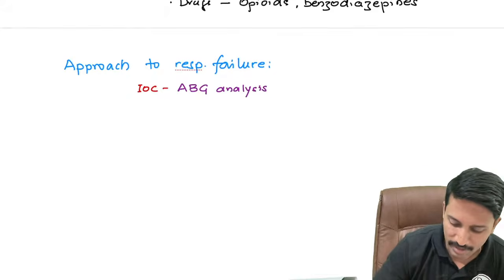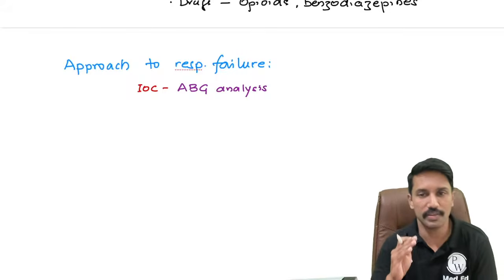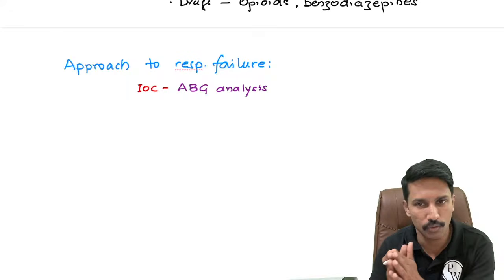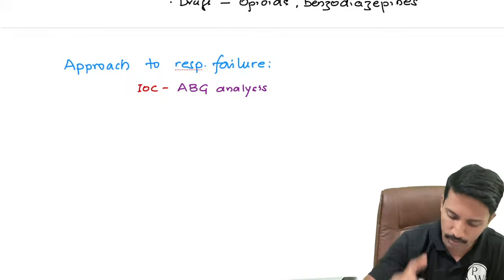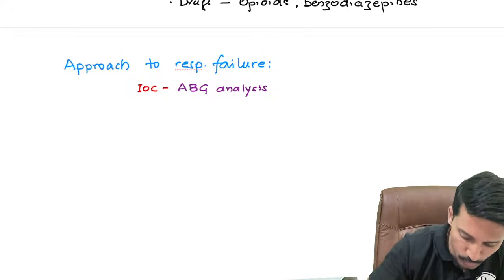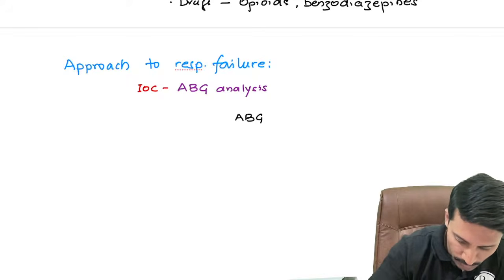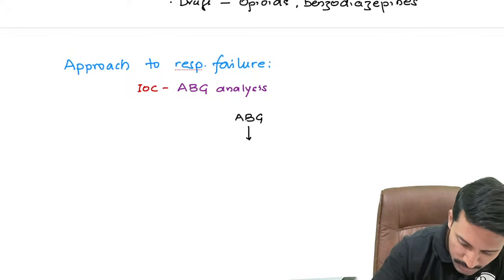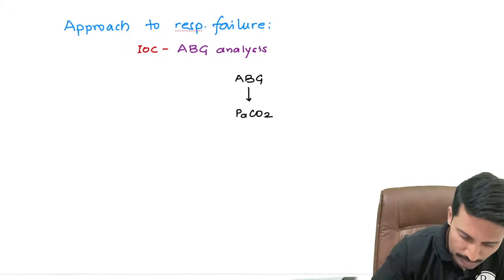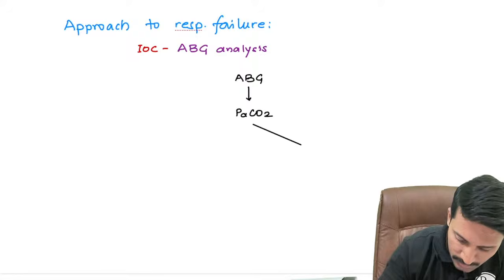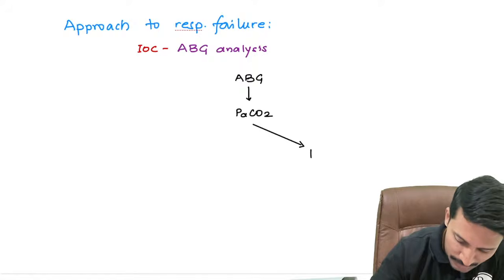Now, how will I interpret the ABG to decide whether the patient is having type 1 or type 2 respiratory failure? Remember, there is an approach. Once you have an ABG, the first thing you should see is the partial pressure of carbon dioxide. If the partial pressure of carbon dioxide is increased, what does that mean?